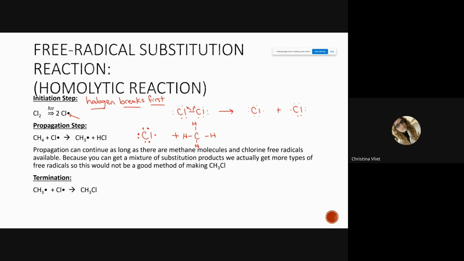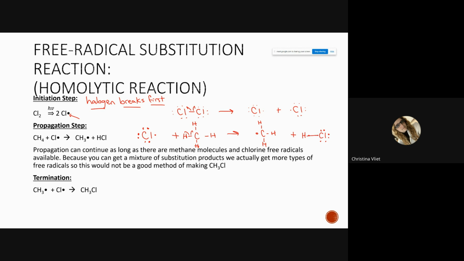What can chlorine grab? Can chlorine grab the carbon? No. Chlorine has to grab the hydrogen. So this bond breaks now that this free radical is available, and chlorine radicalizes hydrogen. Now hydrogen is together with chlorine, and you've got a new radical. That's what's being described here. You've now got CH3 radical, and the H goes together with the Cl.